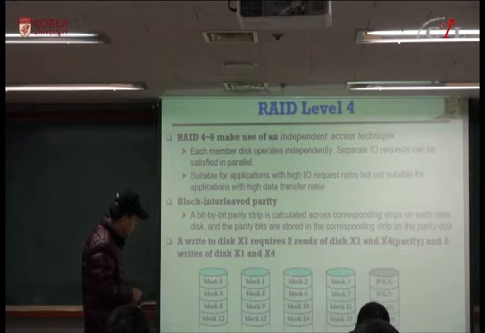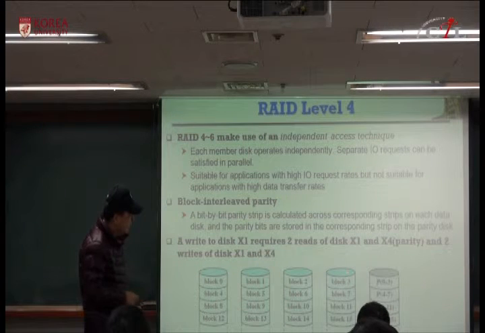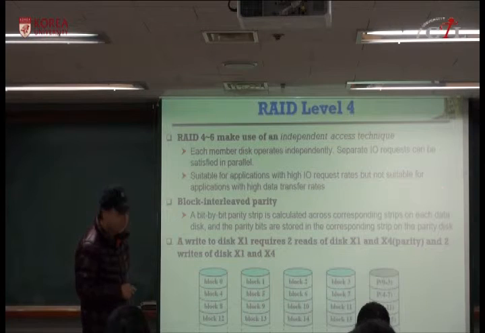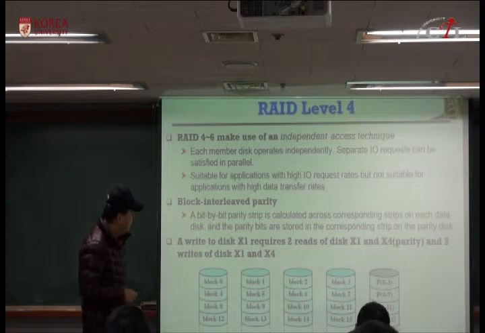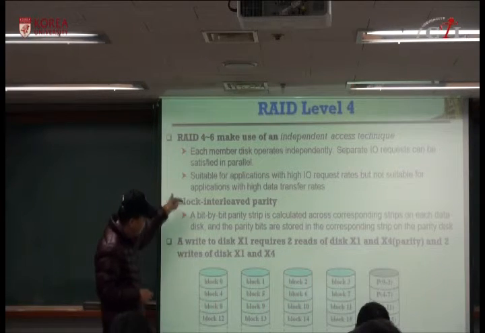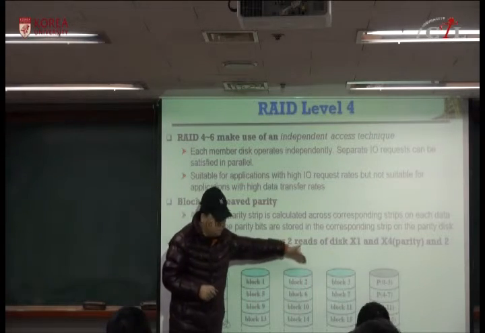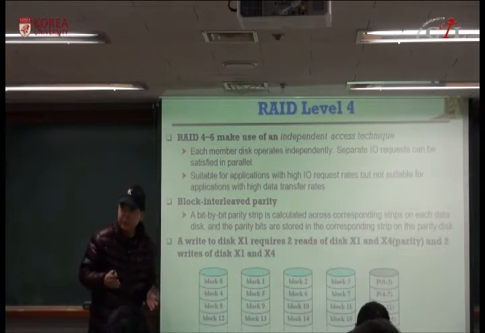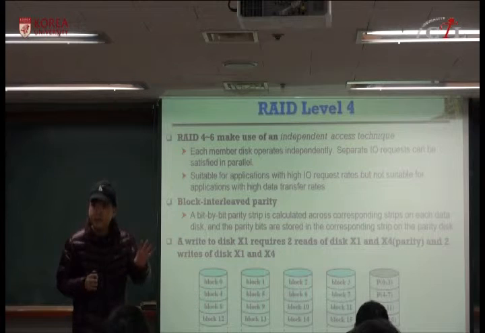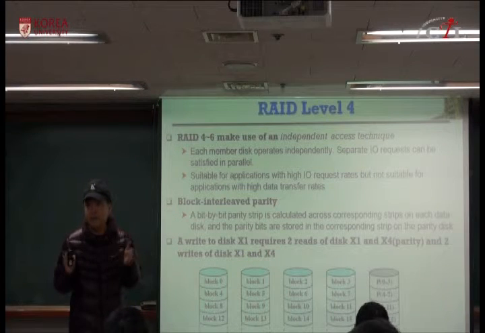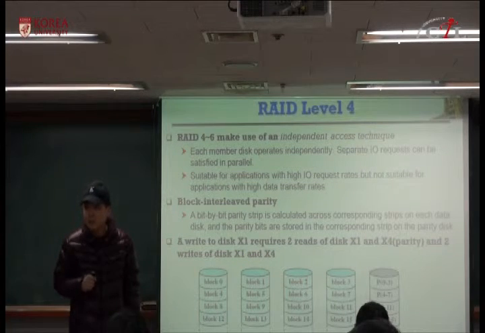You put a single block here, second block here, third block here, fourth block here, and this disk can provide a block. So it's not bit by bit, it's block by block. And if you have requests going to different disks, then it can also operate in parallel, but each disk operates independently. Do you know what I mean?